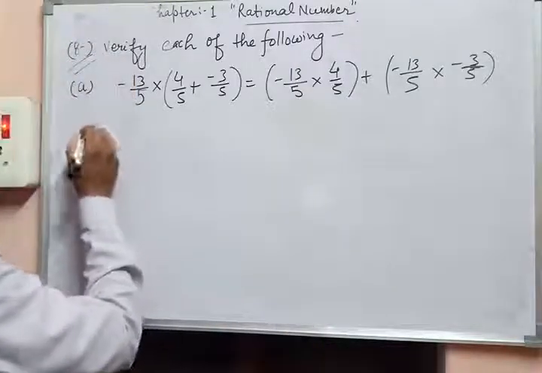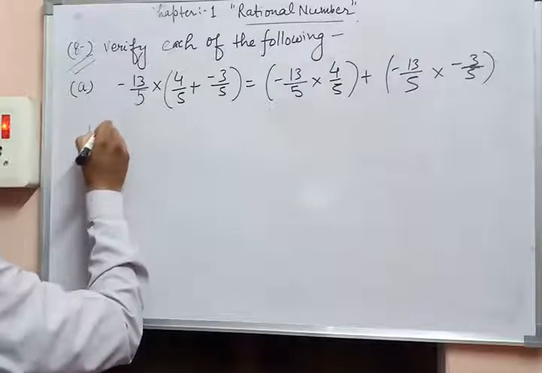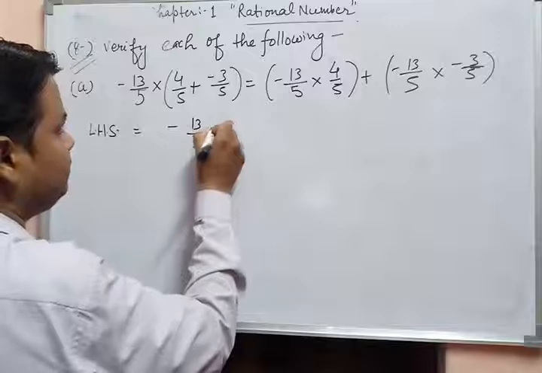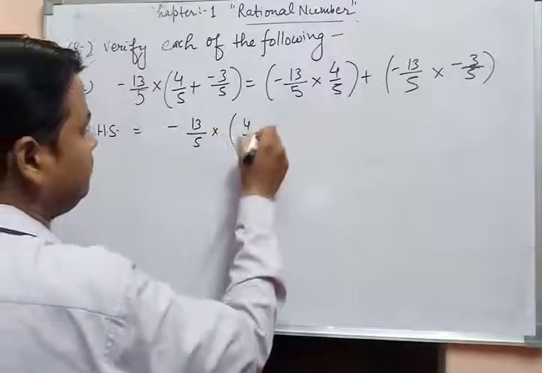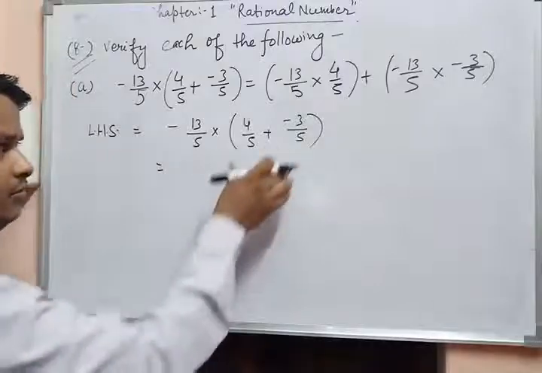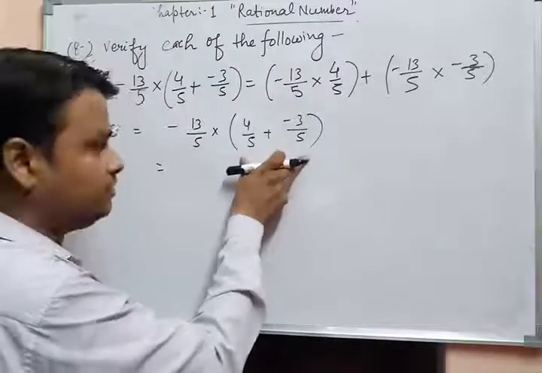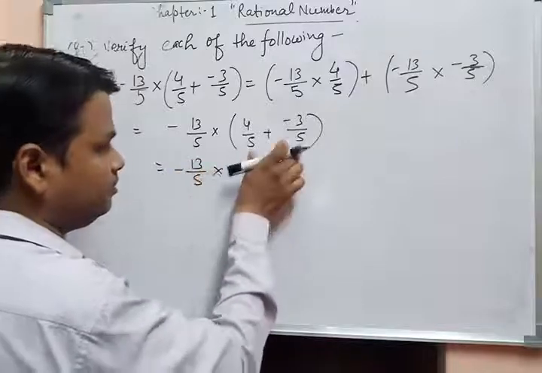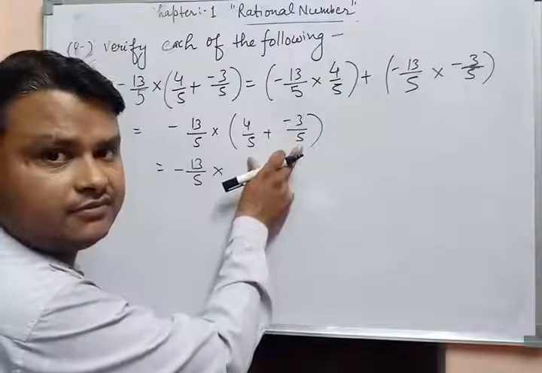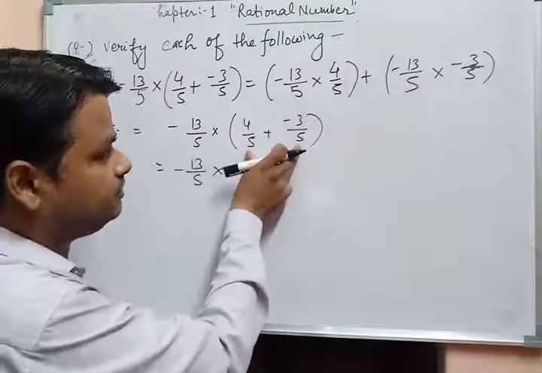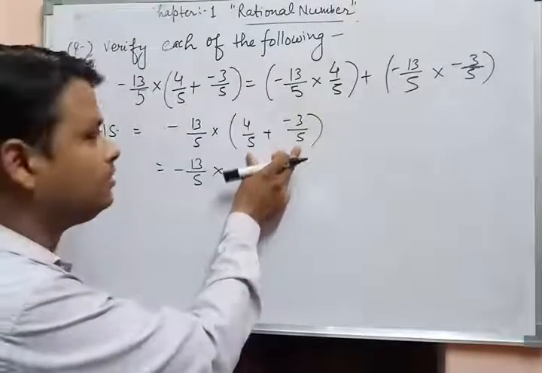So first of all, the LHS part is minus 13 upon 5 into the bracket 4 upon 5 plus minus 3 upon 5. First you have to solve this bracket part. Here both are like rational numbers because they have the same denominator.